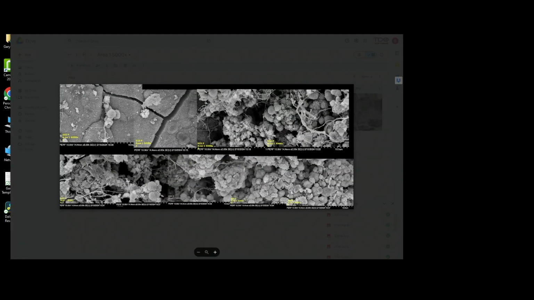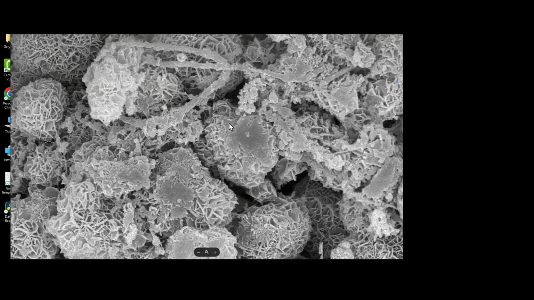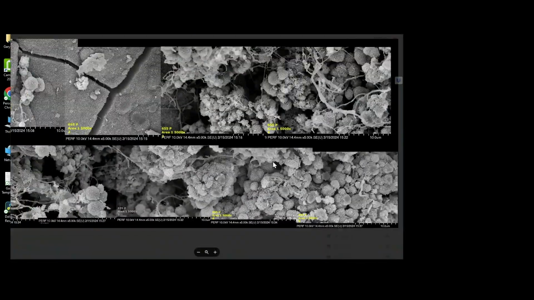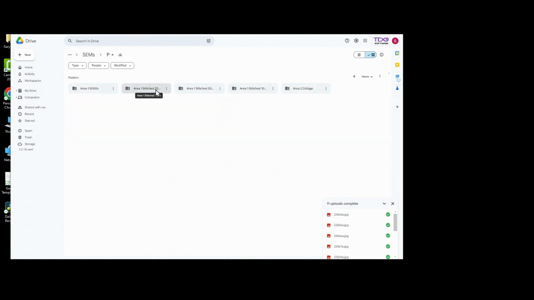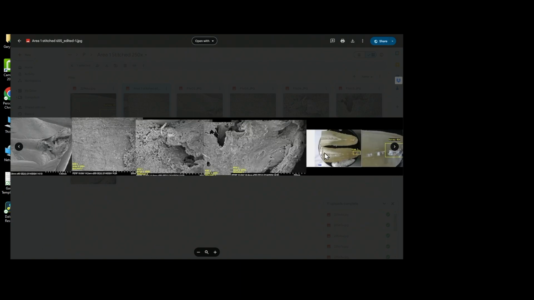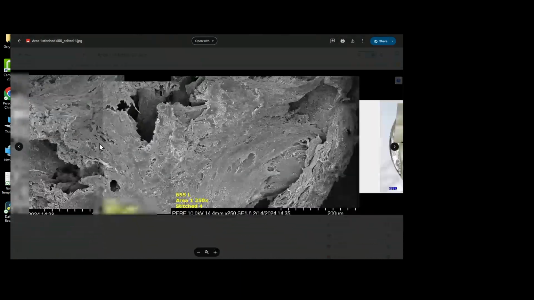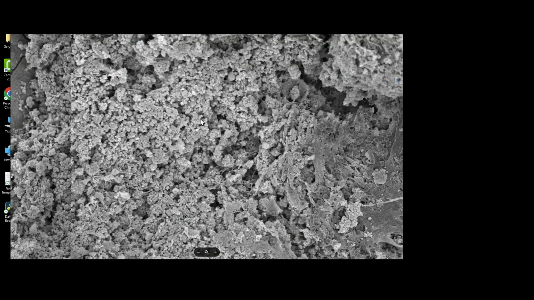But when you go in and look at these, they look really, really strange. So it's interesting looking at all the different effects of the irrigants on the predentin and on the mineralization front.